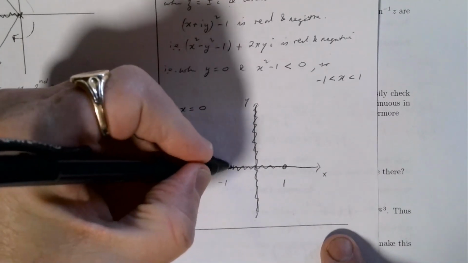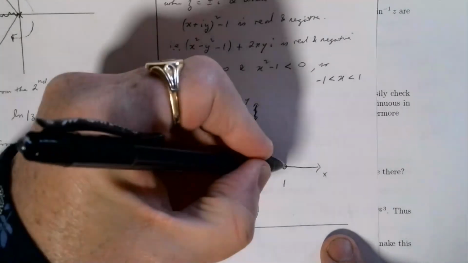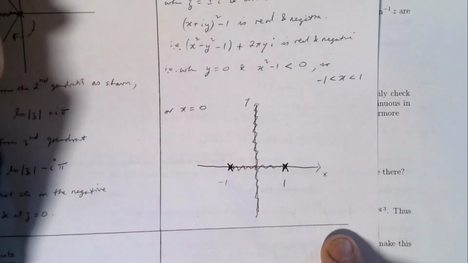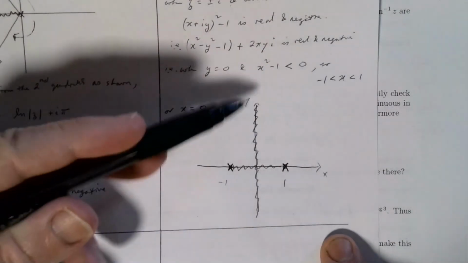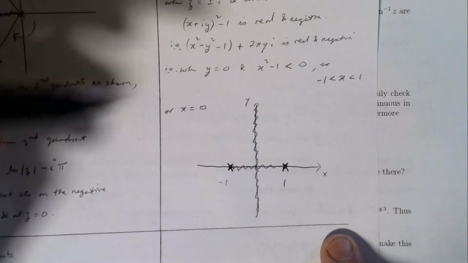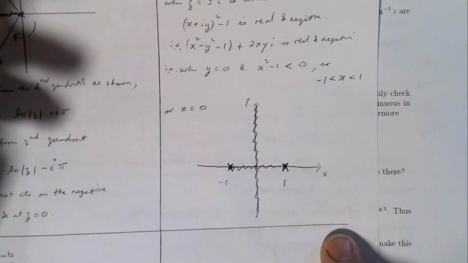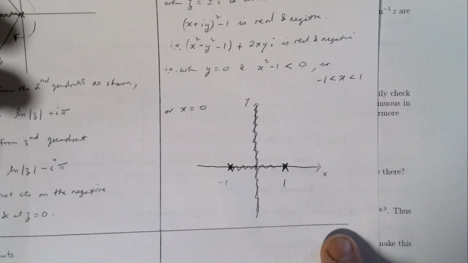So between minus 1 and 1, we've lost analyticity, and all the way in between. Apart from these two regions, the function is going to be analytic everywhere else.